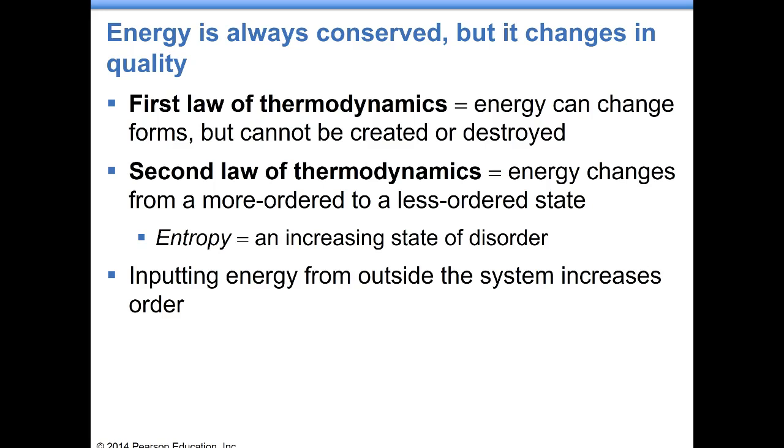So if we put energy into something, like heating up water, boiling water, it's going into that water and changing so that those water molecules are bouncing off of each other and creating friction, and it's just going everywhere.